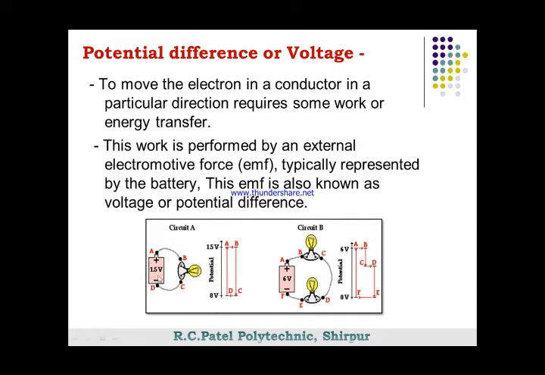Here is a 1.5 volt battery and here is a 6 volt battery. So 1.5 volt and 6 volt are examples of potential difference. This is an example of voltage, and this voltage always creates the electric current in the circuit. That's why potential difference is also called EMF.